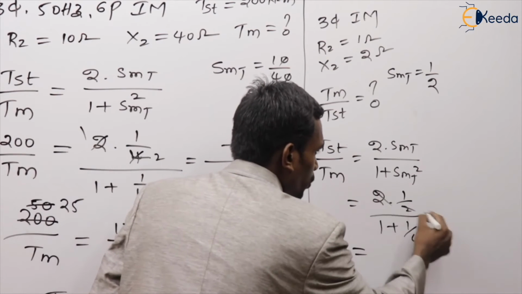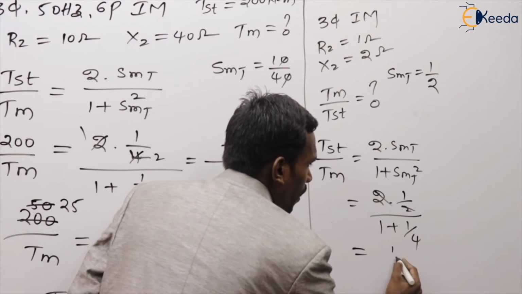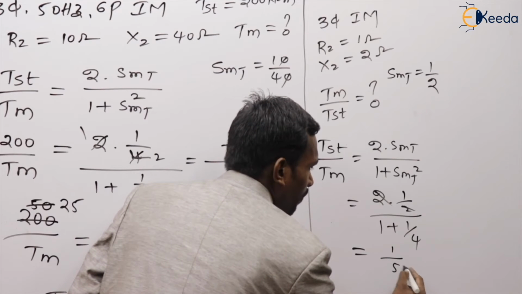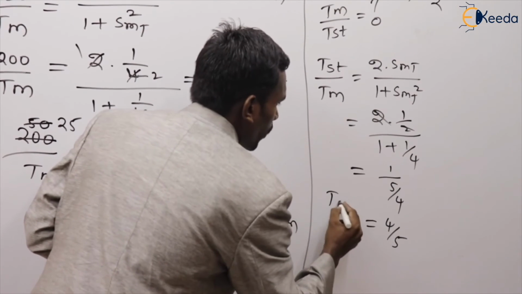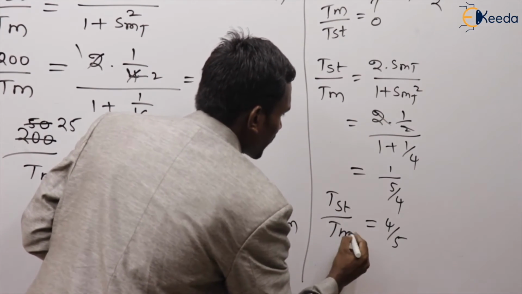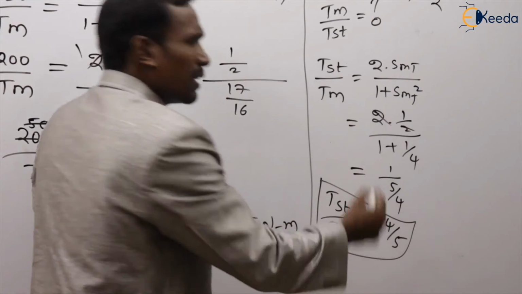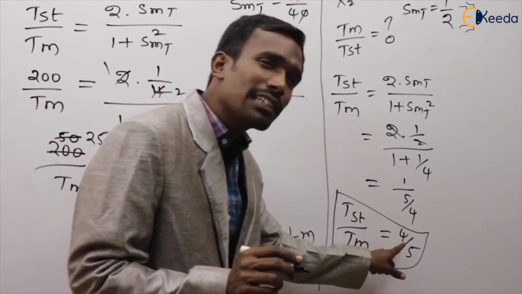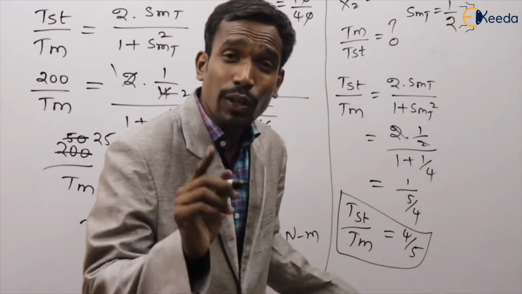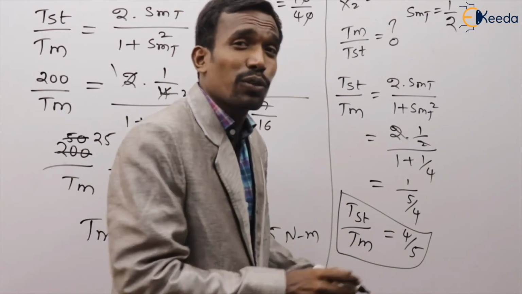The 2 gets cancelled, so the answer is 1 divided by 5 by 4, nothing but 4 by 5. 4 by 5 is the T starting to the T maximum. In your question paper, option A also is 4 by 5.